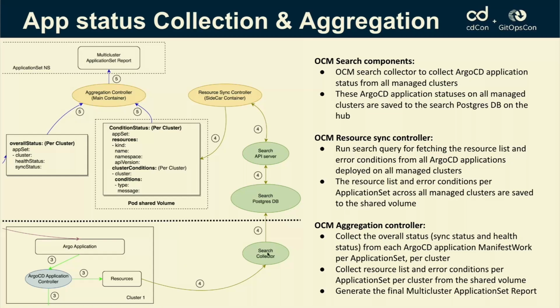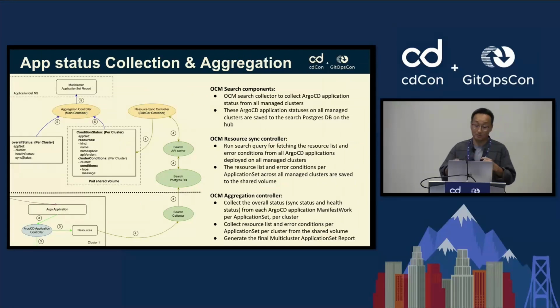Each search collector runs as an agent on each managed cluster that's managed by our OCM components. It is able to collect all the Argo CD application status from each managed cluster, and then it saves all of this status to the search Postgres database running on the hub cluster for later query.